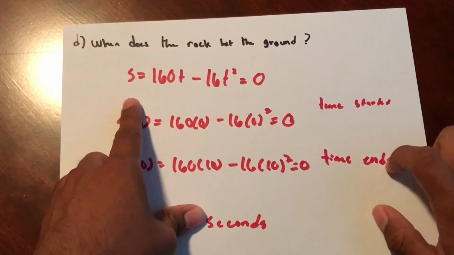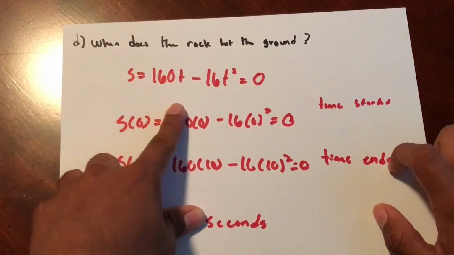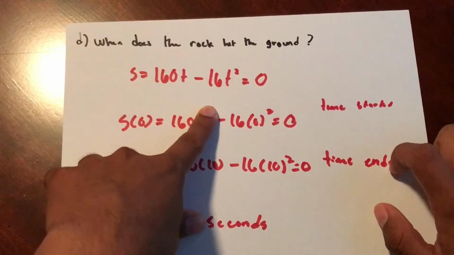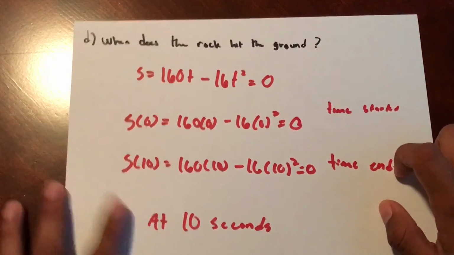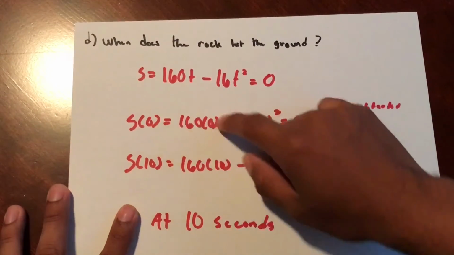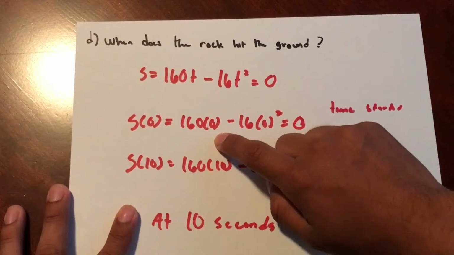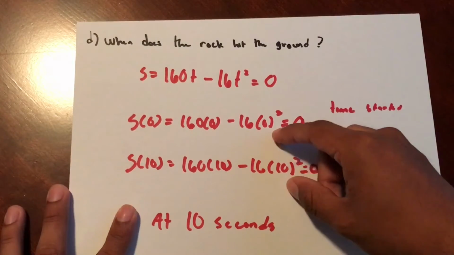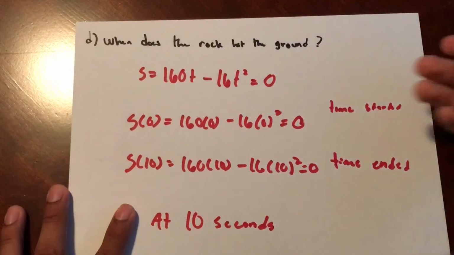So we have s equals 160t minus 16t squared, which equals 0. To find the zeros, it's kind of simple. We plug in 0, which gives 160 times 0 minus 16 times 0 squared, which is 0.